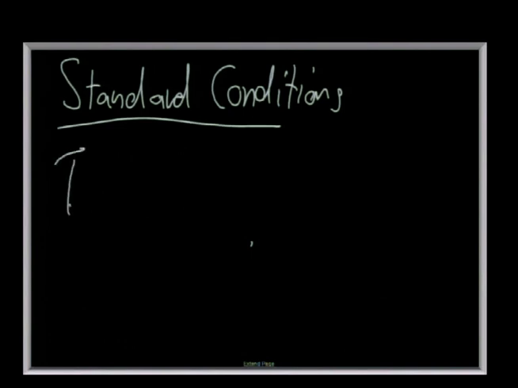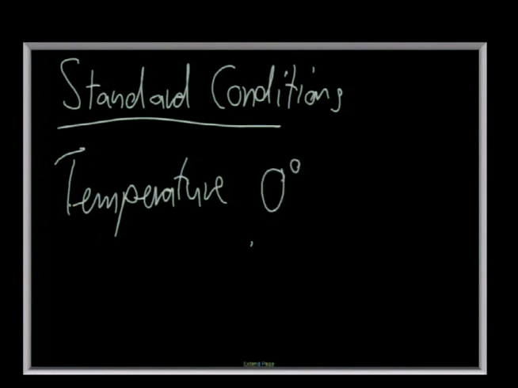If we want to be able to compare things, we have a standard temperature condition, and that temperature is given as 0 degrees Celsius. Okay, in terms of gases, 0 degrees Celsius can be represented in another unit, and we'll come to that a little later. The next one is standard temperature, that's standard conditions. We talk about standard pressure.